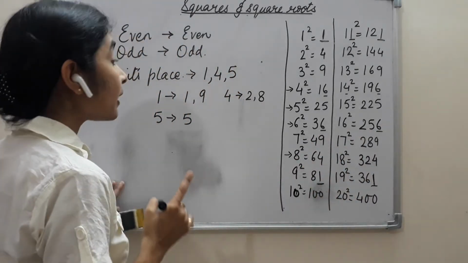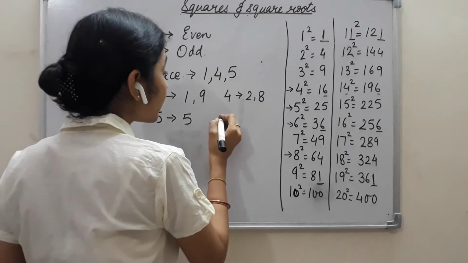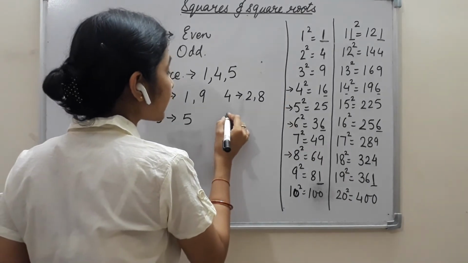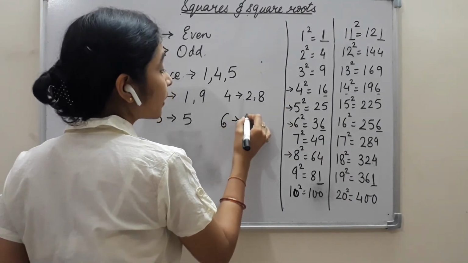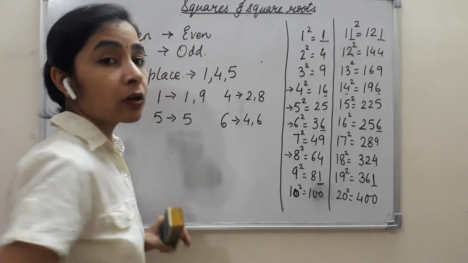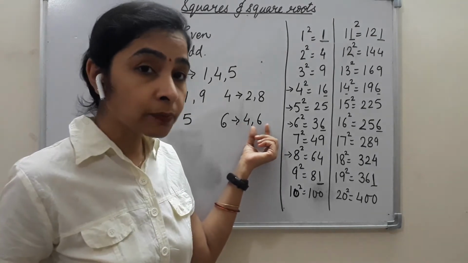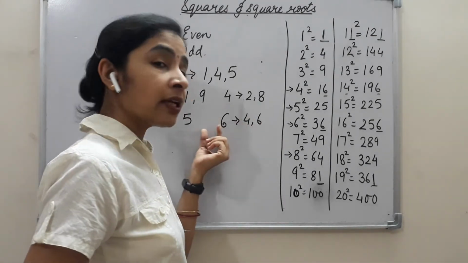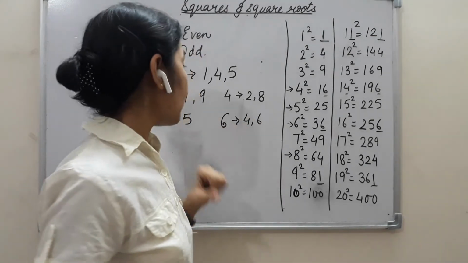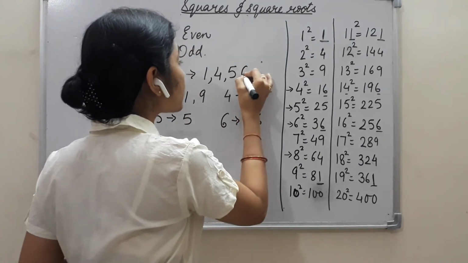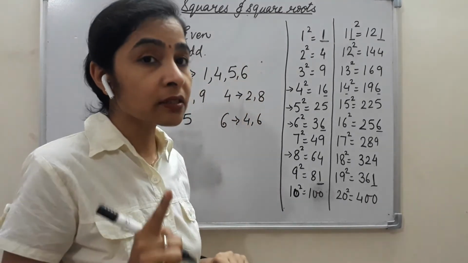That means the numbers which end with 4 and 6 always have 6 at the units place in their squares. So 6 also comes at the units place in the squares.